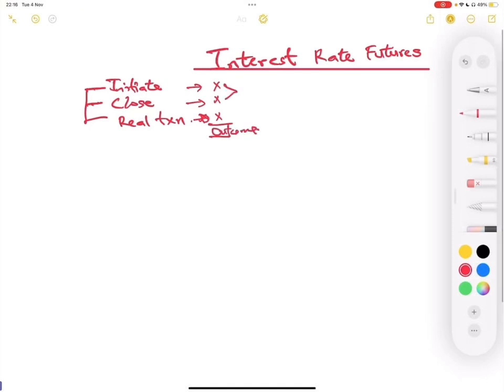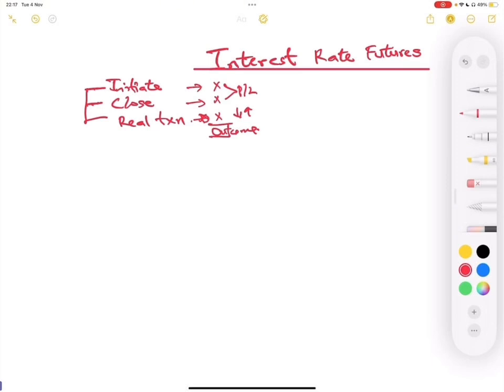So, which means this will usually give you a P&L that either increases this or decreases this. But this is not exactly straightforward the way you were looking at FX futures.